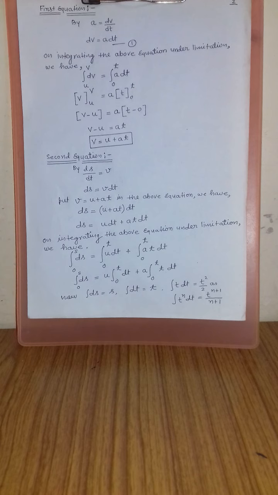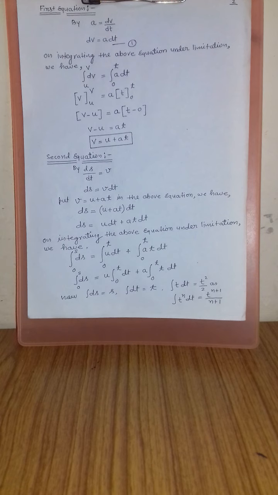Okay, integration of dv gives you v with limits u to v. a is a constant, time independent, so it would be taken out of the sign of integration. Integration of dt gives you t with limits 0 to t. So your final expression is v with limits u to v is equal to a into t with limits 0 to t.